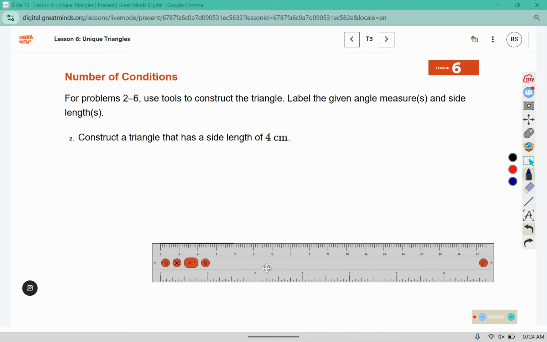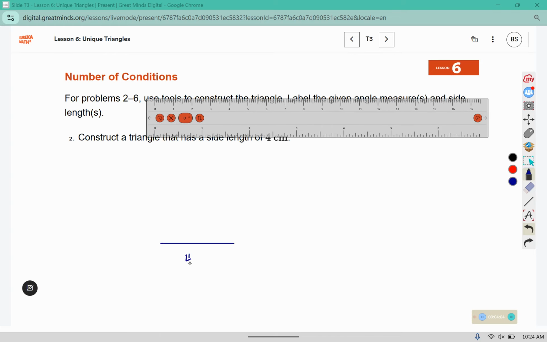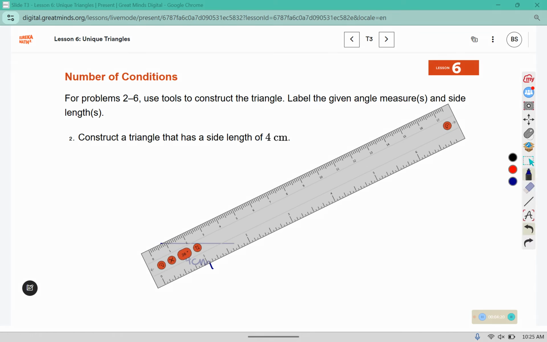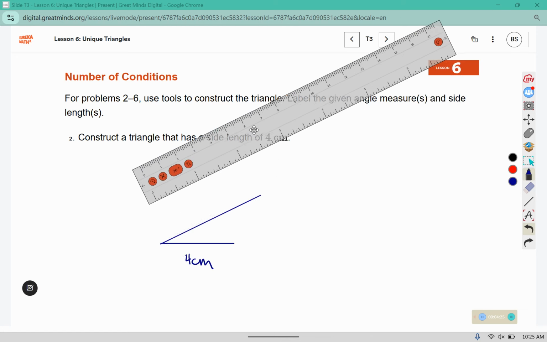And then it also says to label it. But then it doesn't give me any other criteria. It doesn't tell me any other angle measurements or side lengths that I need to use. So I get to kind of pick. So I'm going to use my ruler, and I'm going to connect this corner and draw a side length.